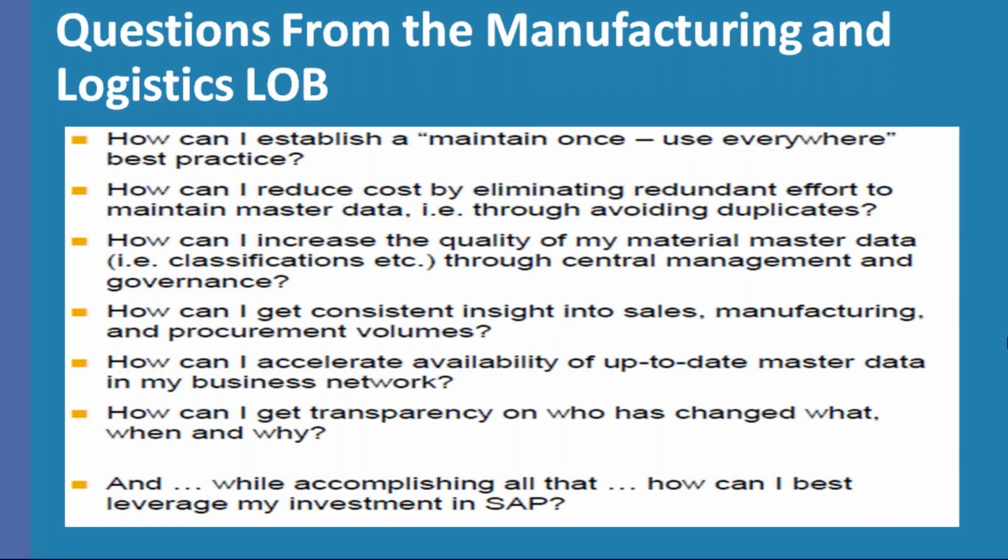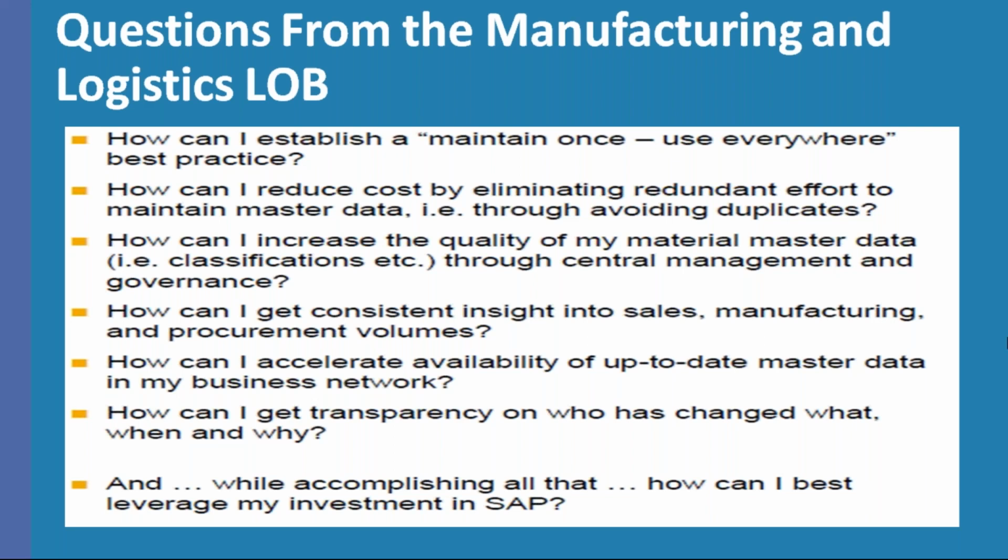Next is, how can I get consistent insight into sales, manufacturing, procurement volumes? This is particularly from a business partner point of view, whether I have any sales data or PO or manufacturing information, procurement volumes. So definitely this is possible for customer, vendor, and product master data as well.